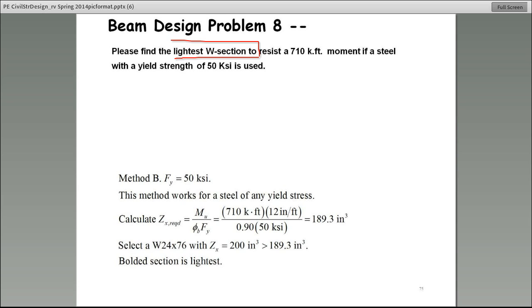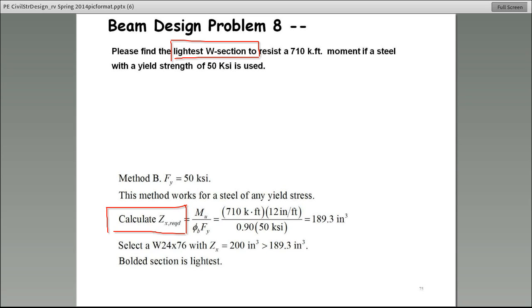In this case, section modulus is down here, and for the given parameters, we calculate the section modulus, and we go to the steel design manual to find the section. In this case, they say the lightest W section.